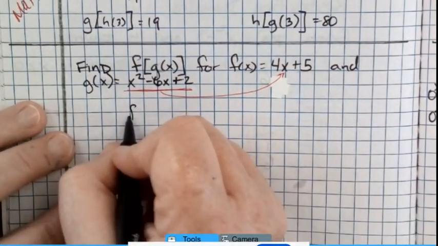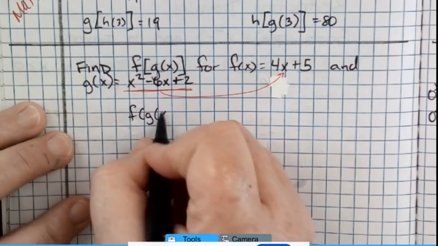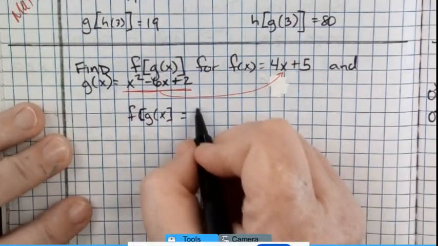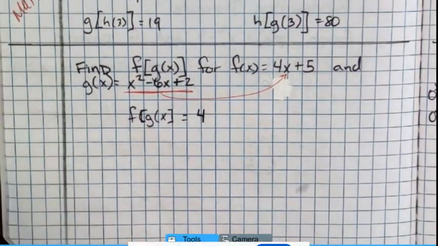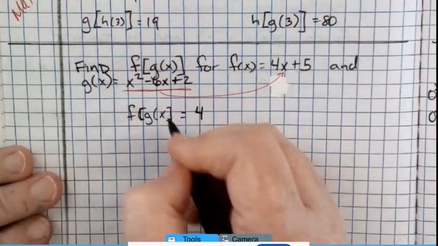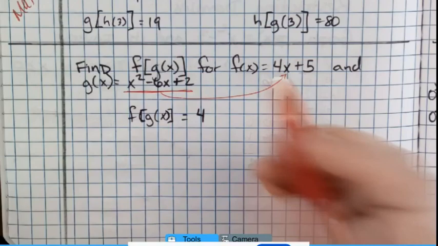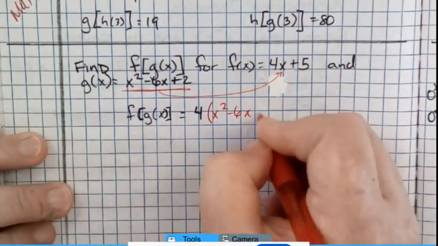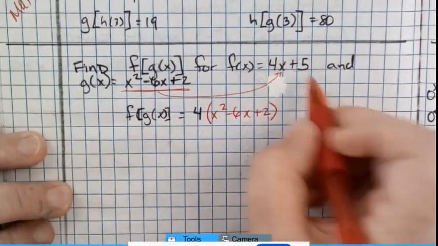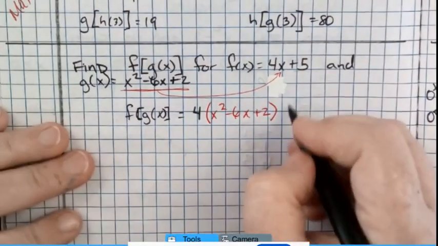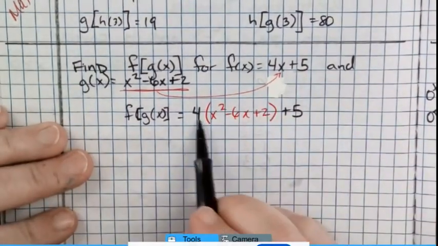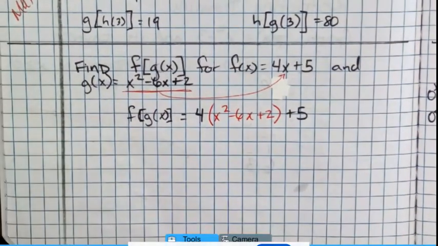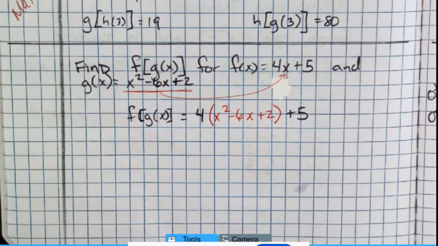So f of g of x is equal to 4, but instead of x, I'm going to plug in g of x. So my input is going to be x squared minus 6x plus 2, plus 5. So this is 4x plus 5, where my x was g of x. And then now you would just simplify.